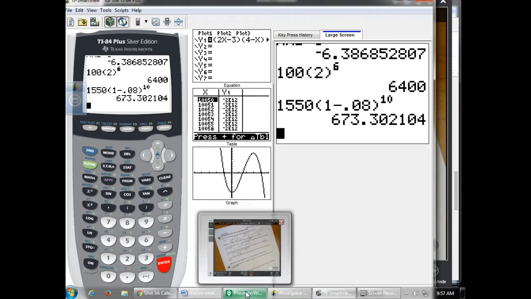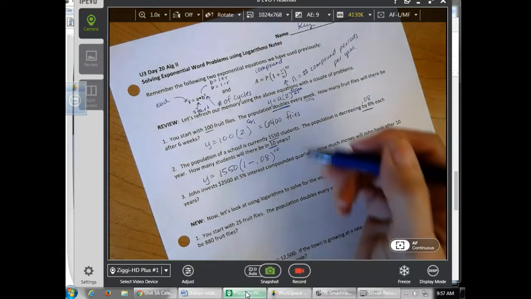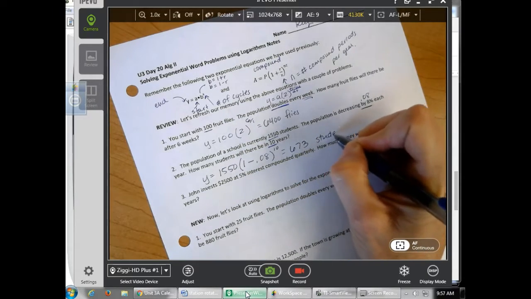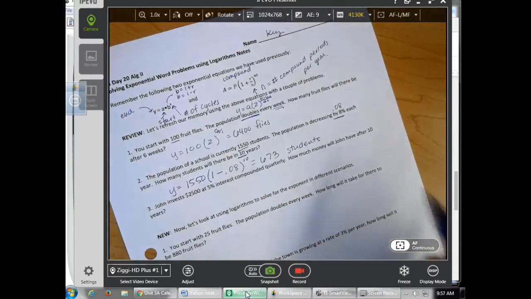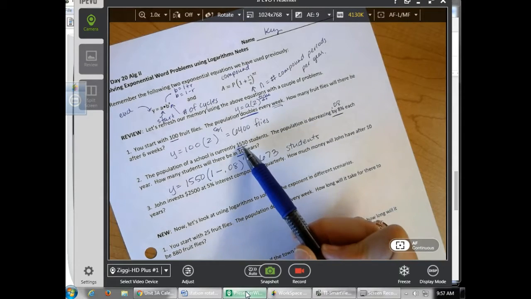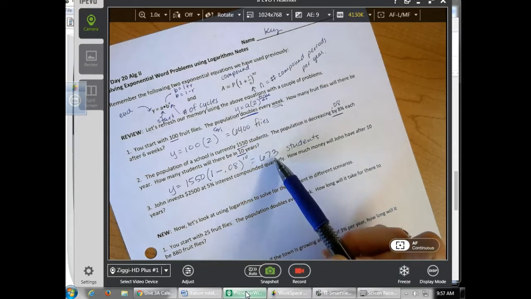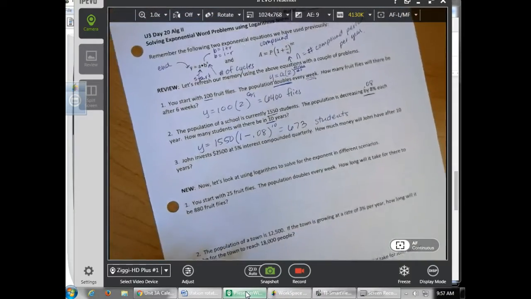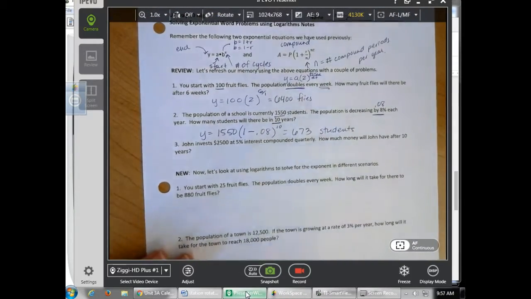So 673. So that's how many students we would have. Also think about it from a logical perspective. If you know your population is decreasing, if you start with 1550, you know you should have fewer than that 10 years later. Okay? Now let's do the next one because it involves the other formula.